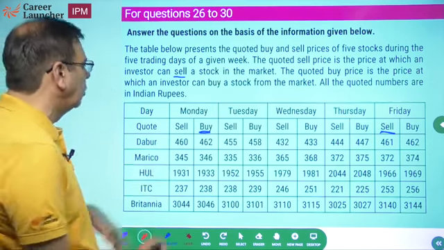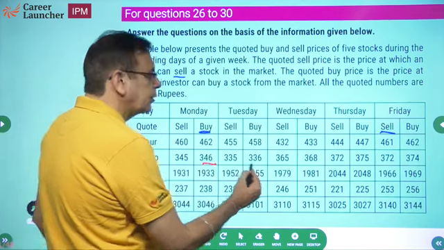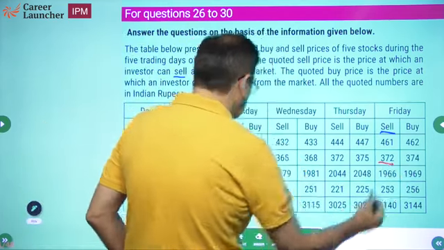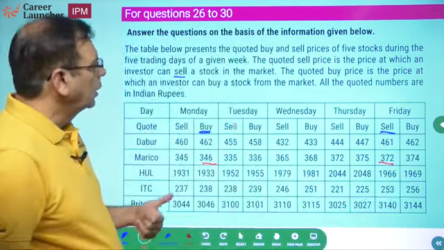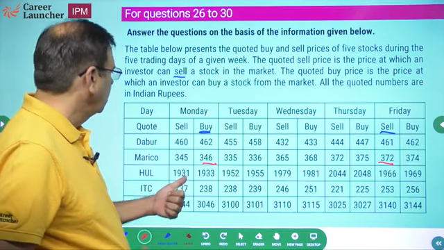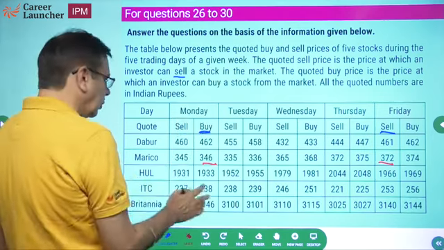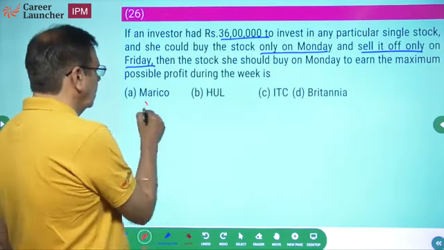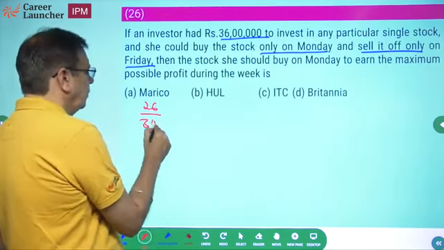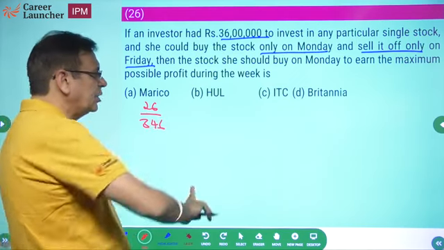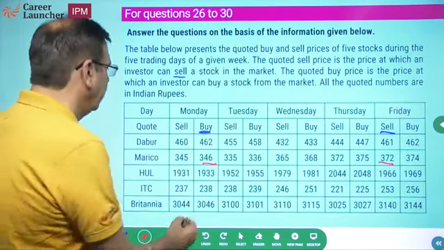Dabur we don't have. Marico, buy at 346, sell at 372. What is the profit? 36? No, 26. 346 to 372, it's a profit of 26. So Marico is a profit of 26 on 346. I'm looking at percentage increase. What about HUL?